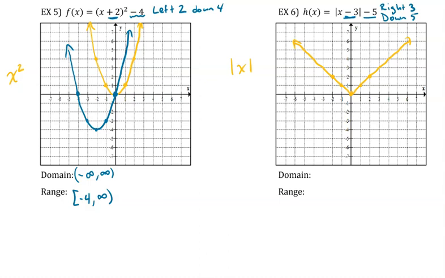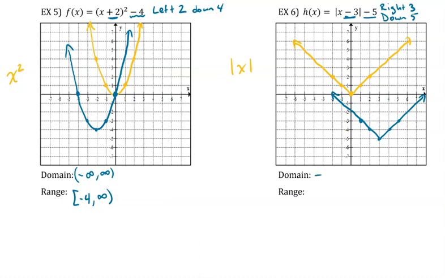Apologies. So if we go right 3 and down 5, we should actually end up here. Draw our V shape through it, and we're done with it.